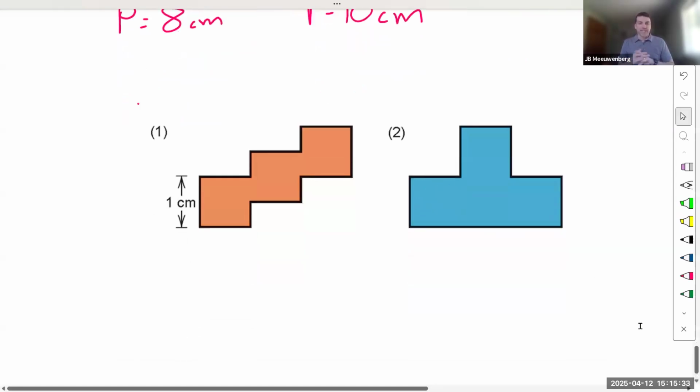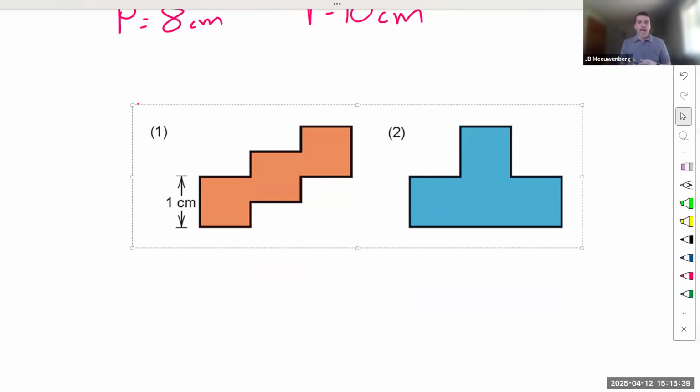So how about this? Can you look at these 2 pictures and determine the area and the perimeter of them in centimeters, right? They're both measured in centimeters, so the area in square centimeters, the perimeter in centimeters. Go ahead and see if you can answer that question.